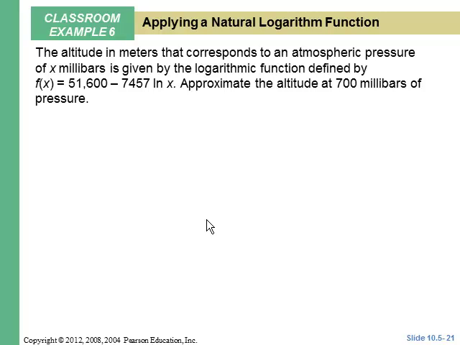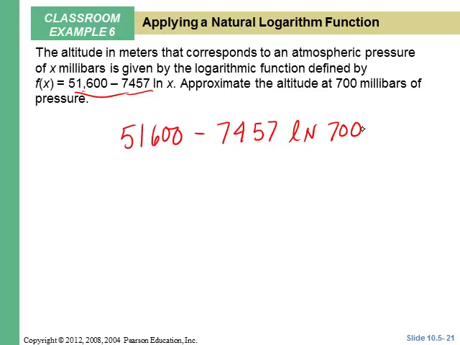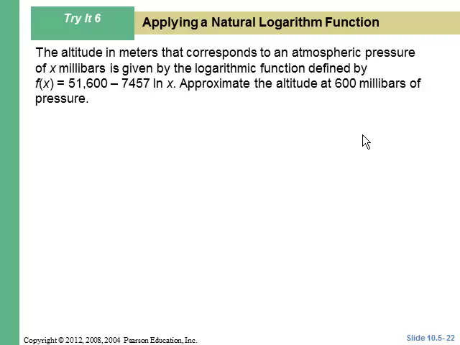Now, where do you use natural logs? You would use them in functions such as this, and then you would just subtract this. So it'd be 51,600 minus 7,457 times the ln of 700. You do this, try it, and tell me what you get.